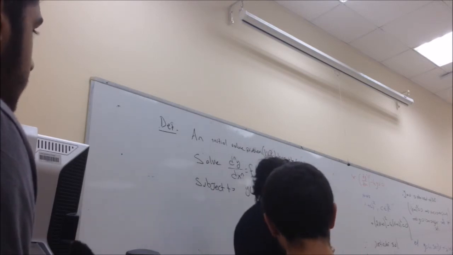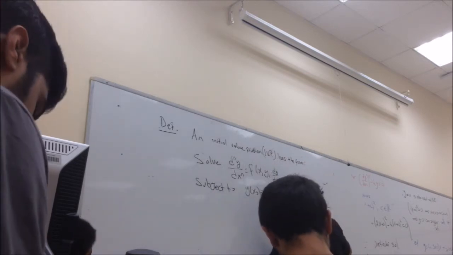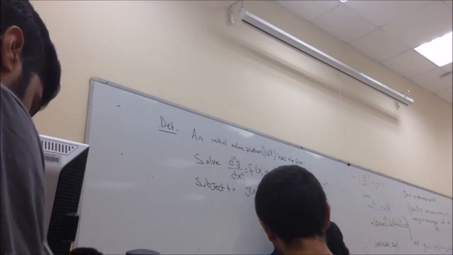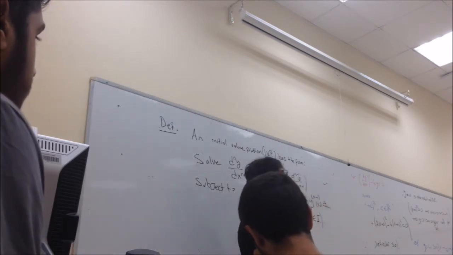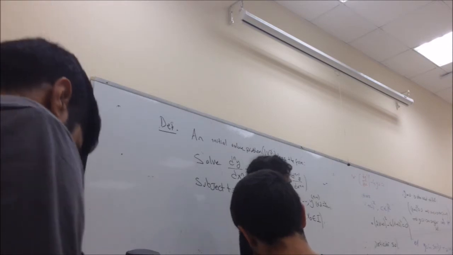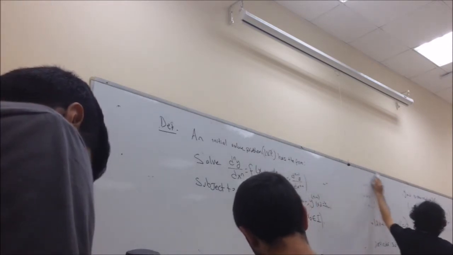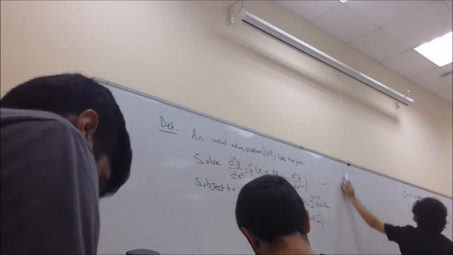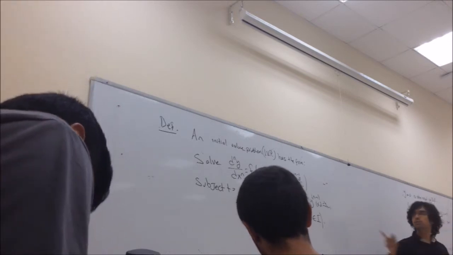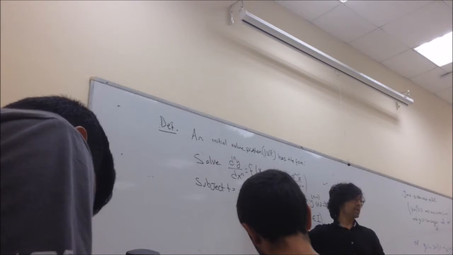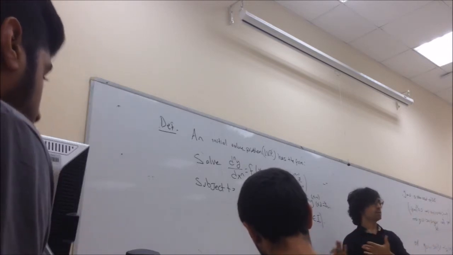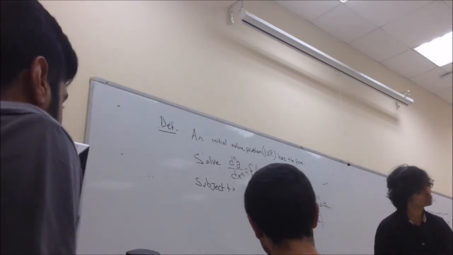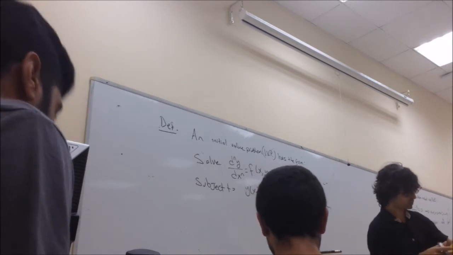And here, what is x0? x0 will be a point from the interval of solution. And usually you are using these conditions, because usually you have more than one, to figure out the values of those constants.